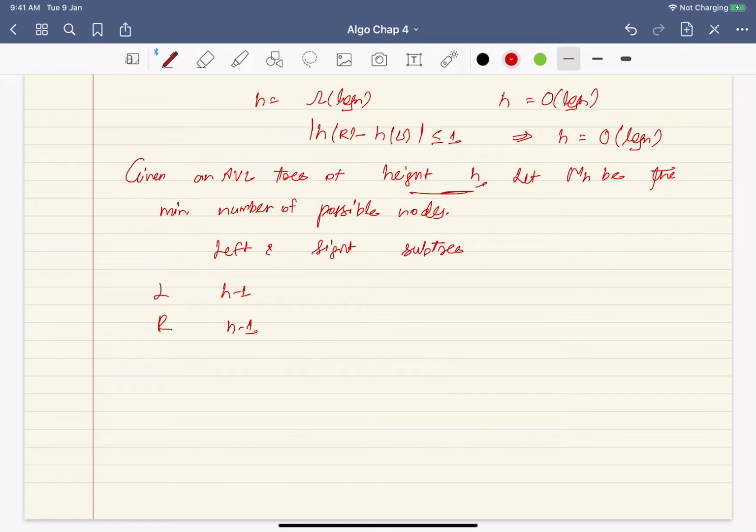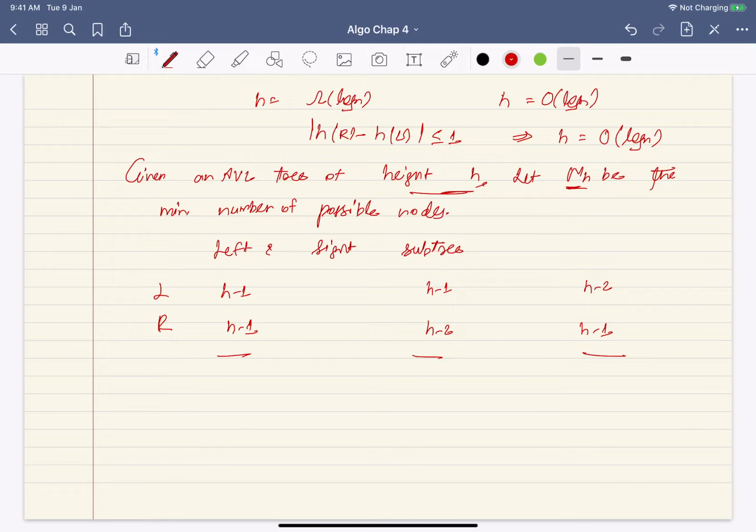It can never be h, because height of the tree will be 1 more than the max of the two heights. So both can be h minus 1, h minus 1, or one can be h minus 1, another can be h minus 2, or one can be h minus 2, another can be h minus 1, right? And let's say mh in general denotes the minimum number of nodes an AVL tree of height h will take.